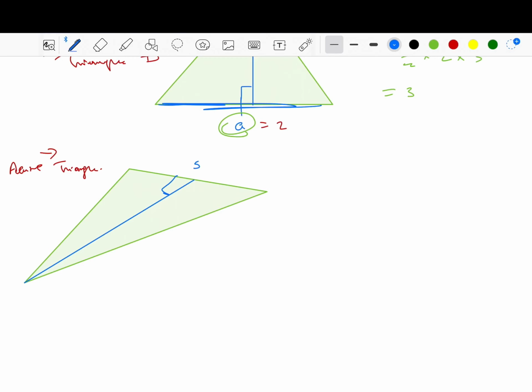Someone can say, okay, cool, my base is this one here, and my height is here, and you can prove that. It is really up to you. So what I'm saying is you need to identify the base and identify the height, and if you can identify those two, then it's easy for you to calculate the area of that triangle. I hope I am making sense.